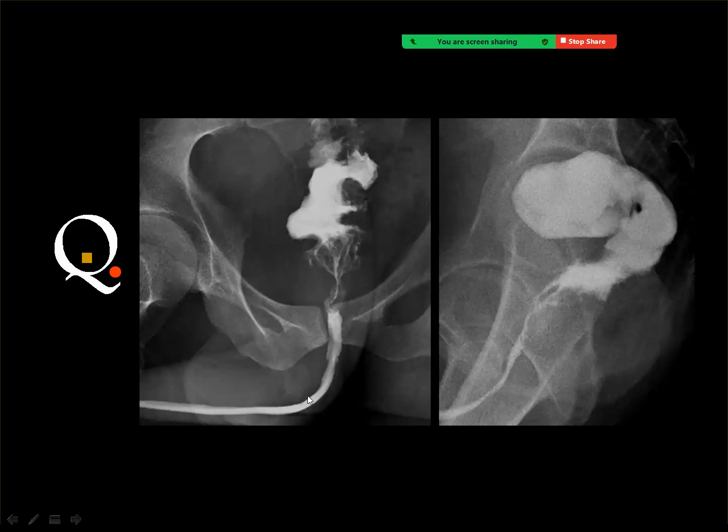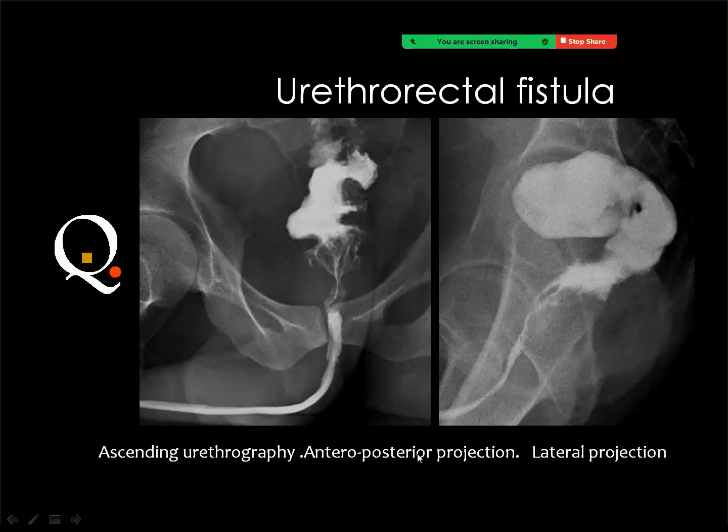But if you see that the urethral outline is continuous, but it ended in the colon instead of the urinary bladder, you may think of a urethrocolic fistula.